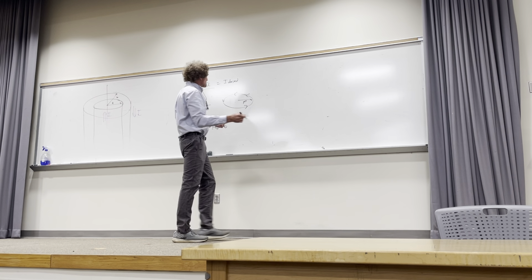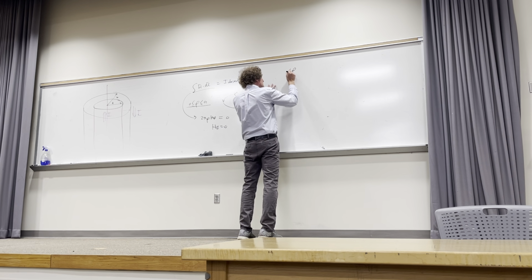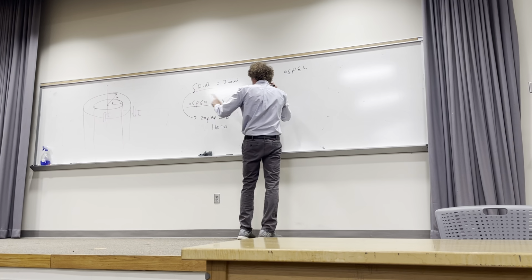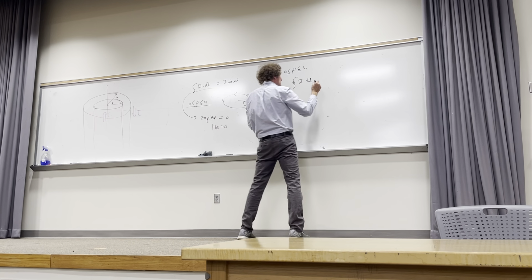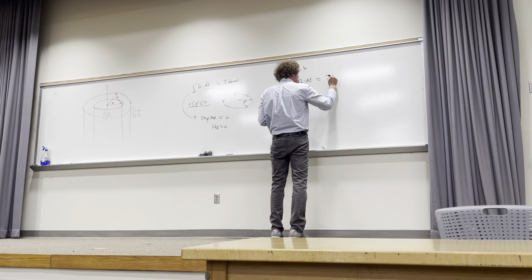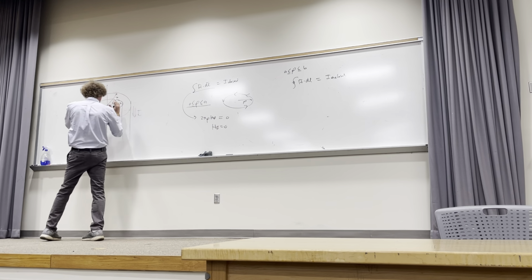Now, for the second range, when we go between rho greater than A, or equal to A, less than or equal to B, then we have the integral of H dot dl around the closed loop is equal to I enclosed. Remember that current, that 5 amps, is uniformly distributed around the surface.